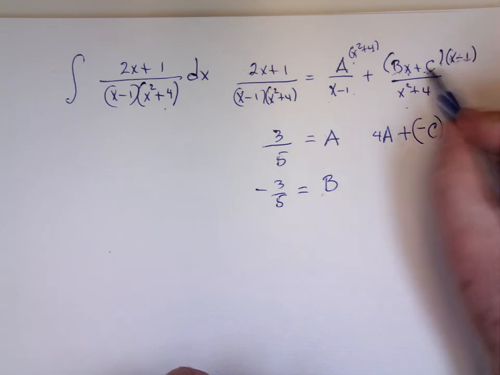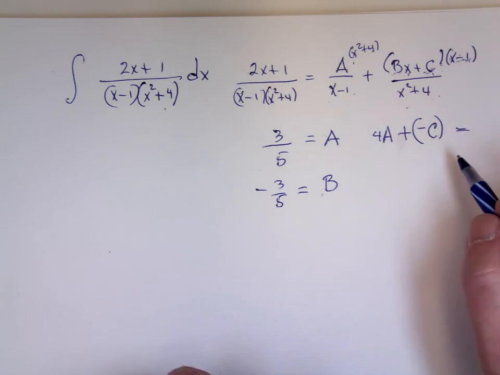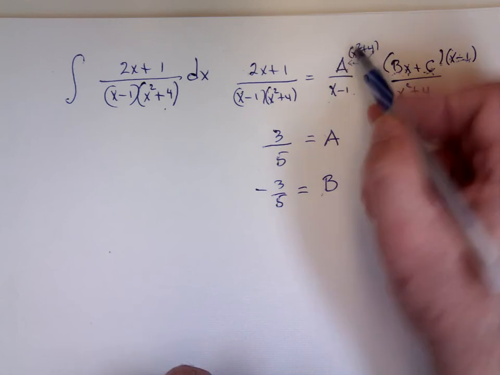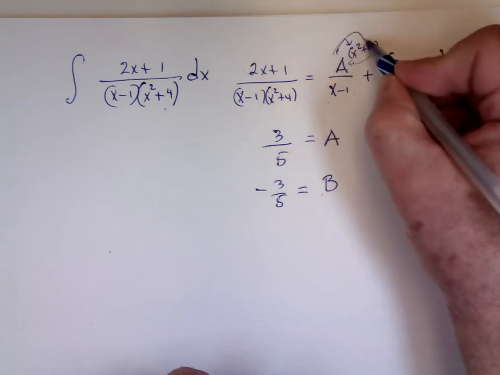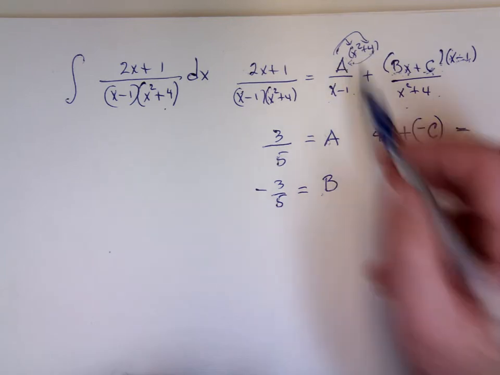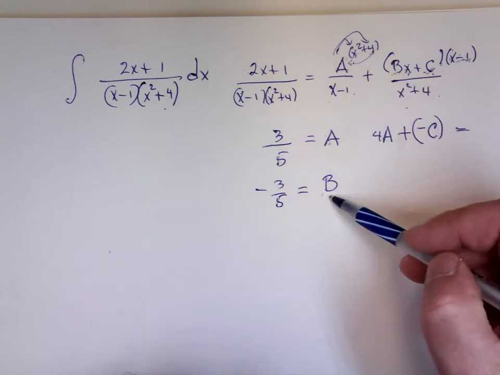Where'd you get the 4a? The 4a is from here. I'm looking at the constants. When you multiply this out, you get ax squared, and you get a 4a. Why do you ignore the ax squared? Well, we already used the ax squared to get to the b part. What I need to do now is solve for c. And the question is, how do you solve for c?